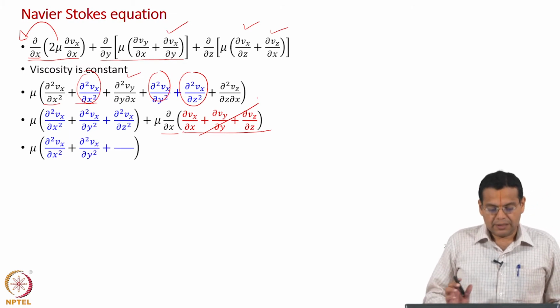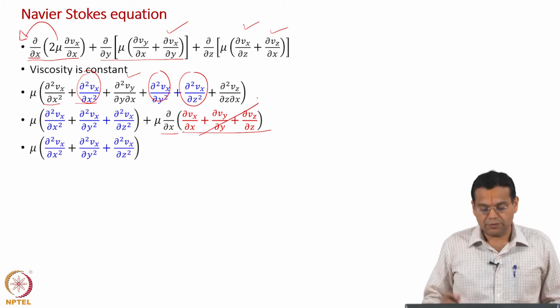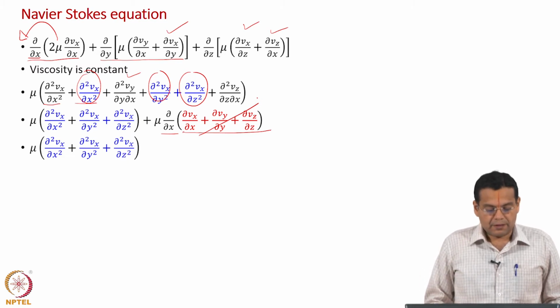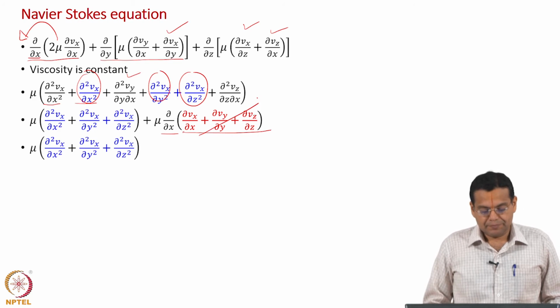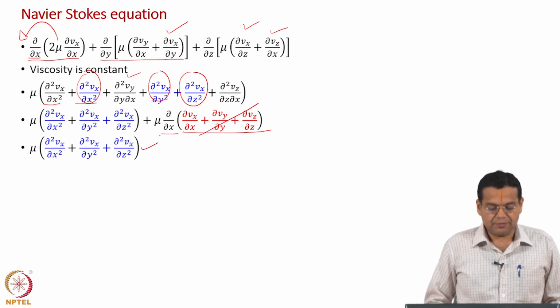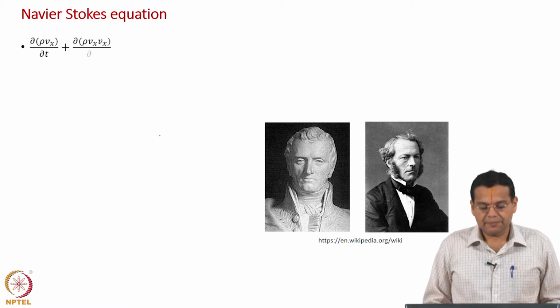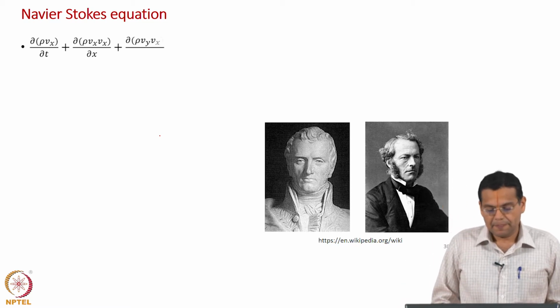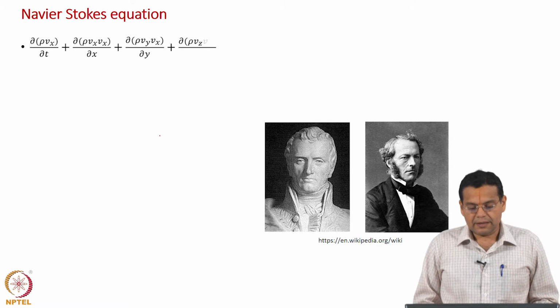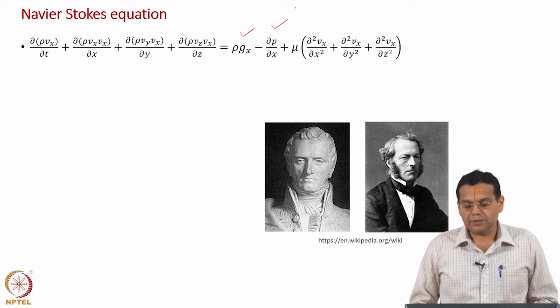Okay. So, the 3 terms which represented the net viscous force on the right hand side get simplified to this term. Okay. So, it is only matter of replacement, the left hand side is same, okay, and right hand side the body force and the pressure term is also same.